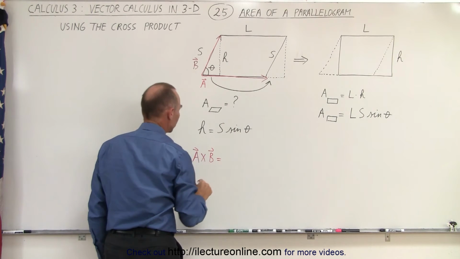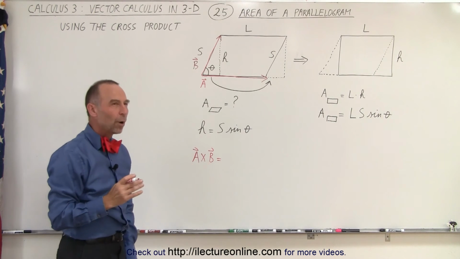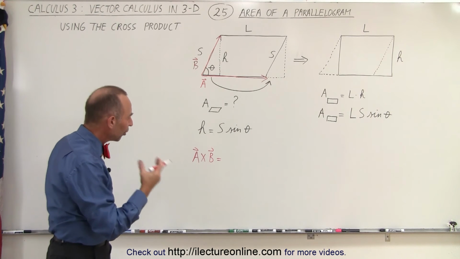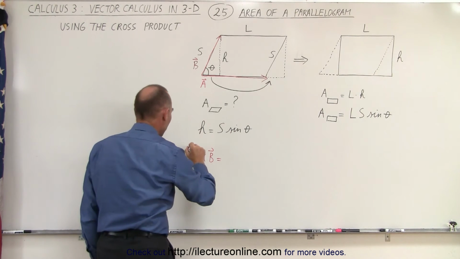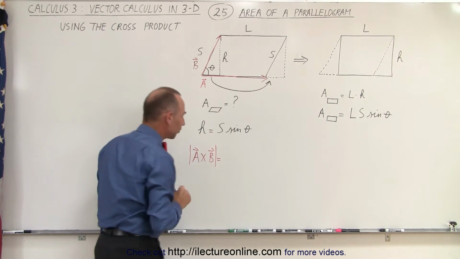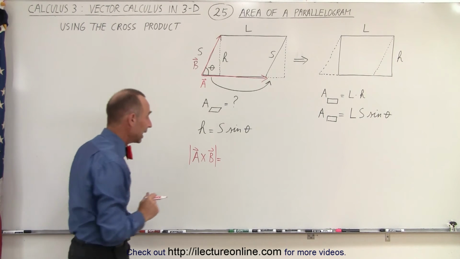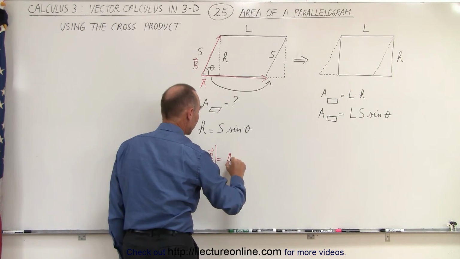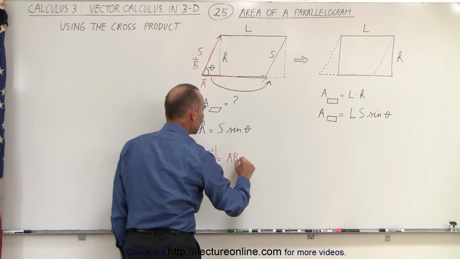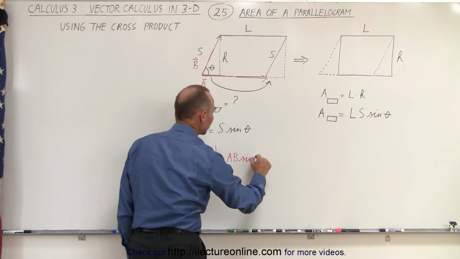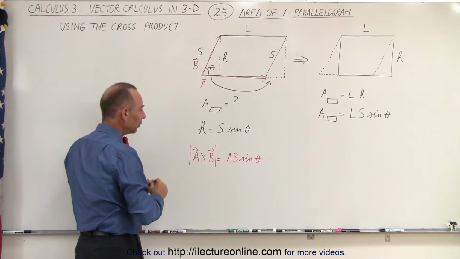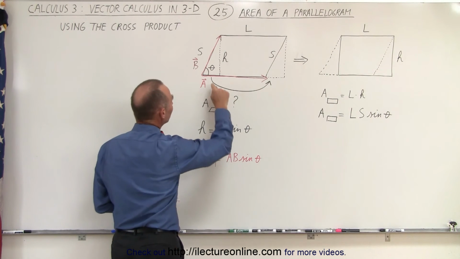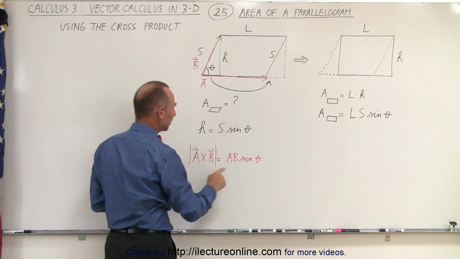Well, we don't really want the resultant of the cross product. We actually want the magnitude of that resultant. So we put absolute value signs around it, and then what we get is that this becomes equal to the magnitude of A times the magnitude of B times the sine of the angle between the two. And notice, the sine of the angle would be the sine of this angle right here, sine of theta.